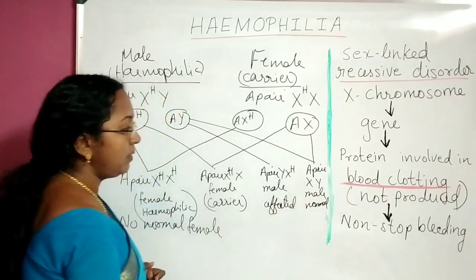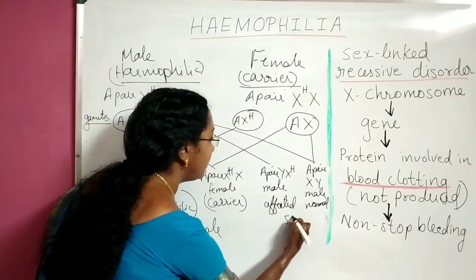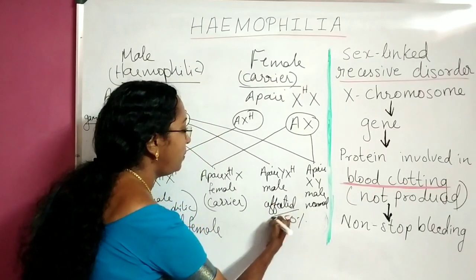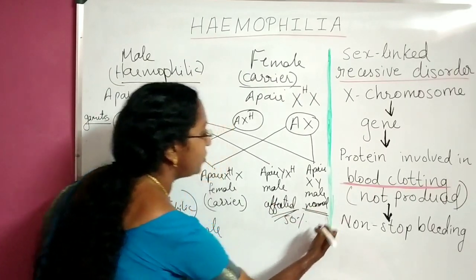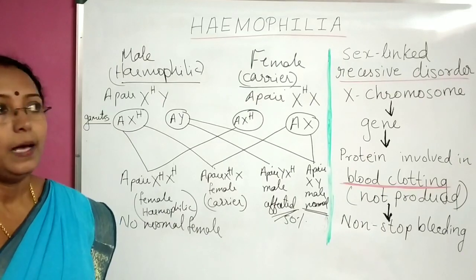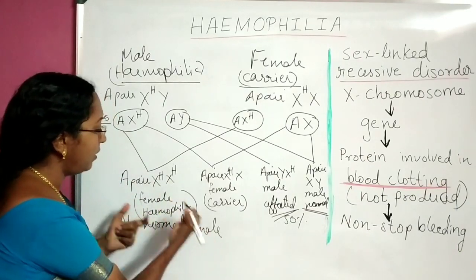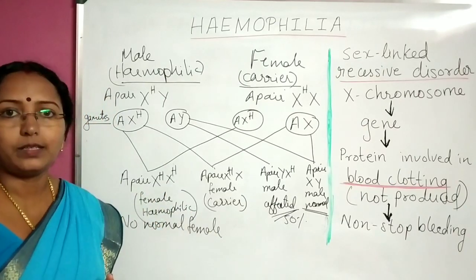So what does that mean? If it is going to be a male child, there are 50% chances of it to be affected and 50% chances of it to be normal. But if child is going to be a female, the child is either a carrier or haemophilic.